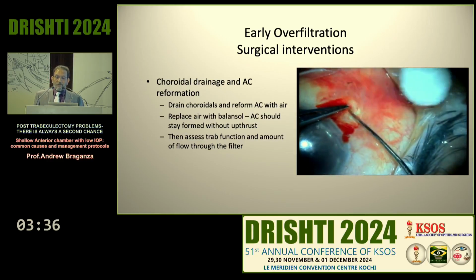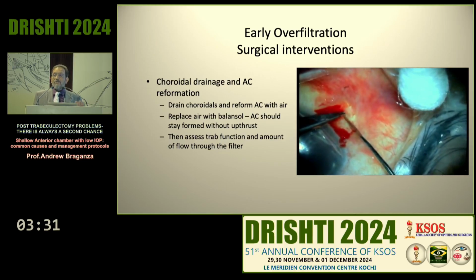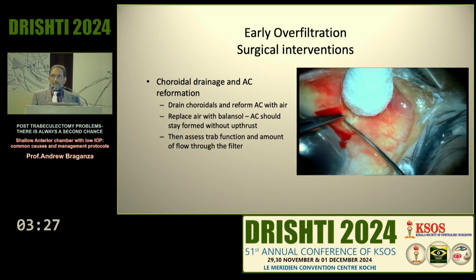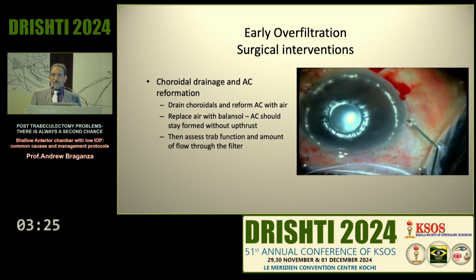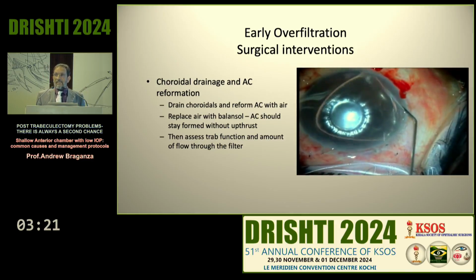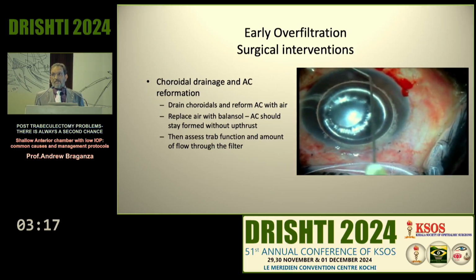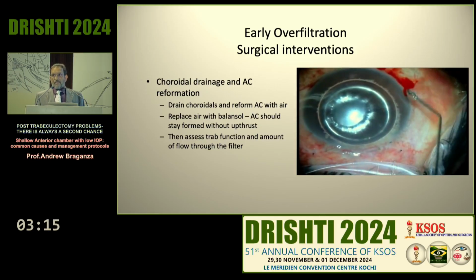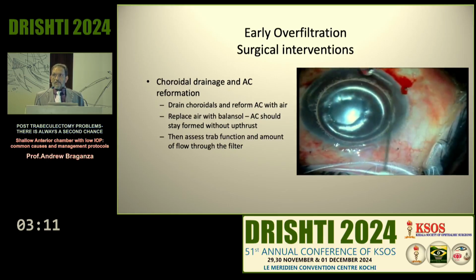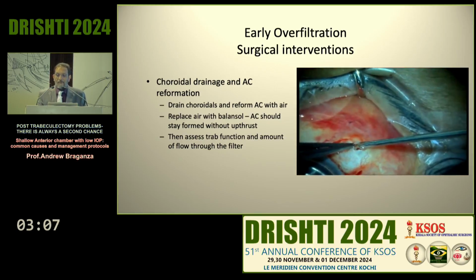It's important to realize, you can see a lot of fluid flowing out now, that you need to reform the chamber not with air, but with balanced salt solution, a liquid, which is retained there without flowing out. Air will be retained even against pressure and upthrust, whereas a liquid will not be. So here you see that the chamber has been reformed and it's staying formed.